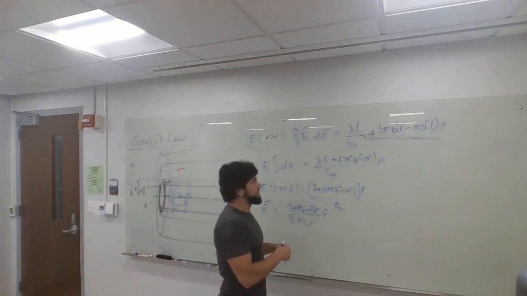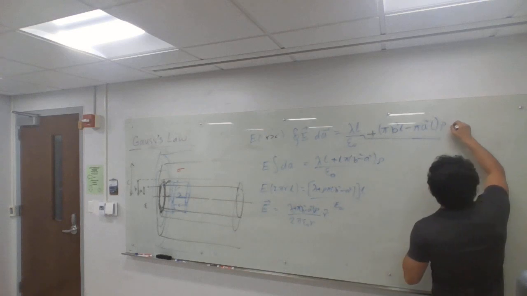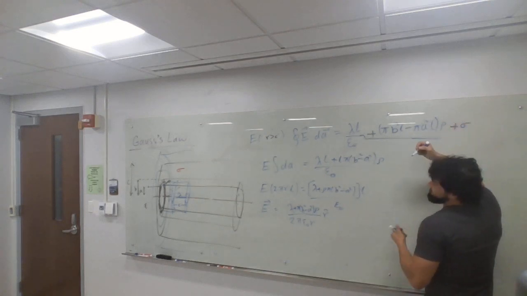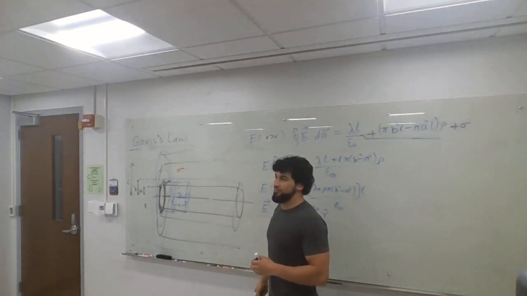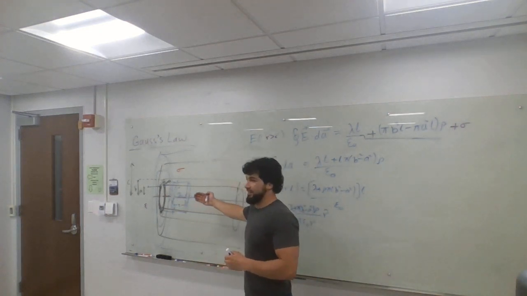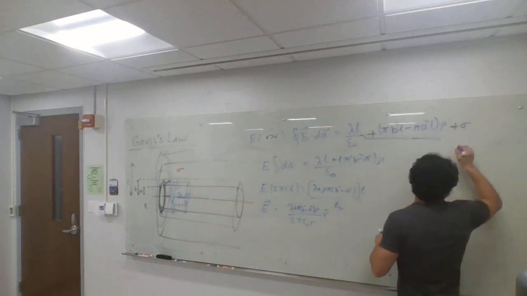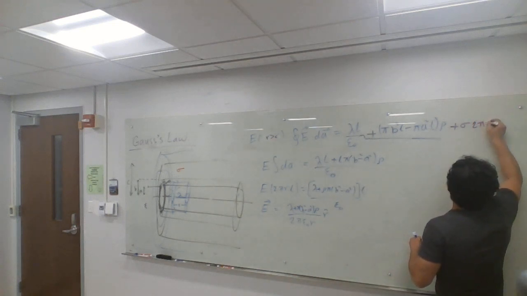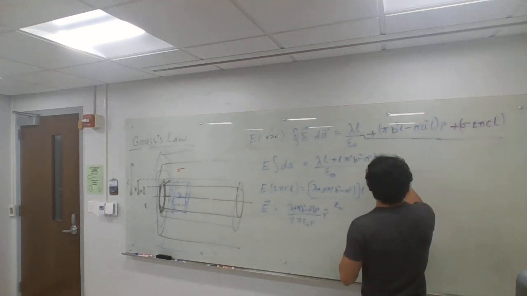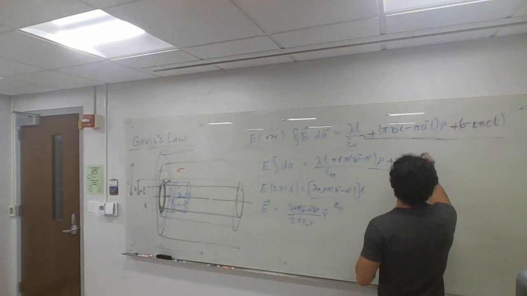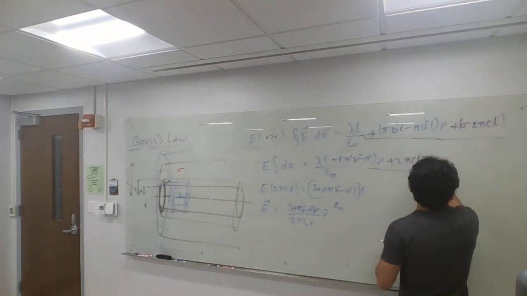So it's just sigma multiplied by the area of the shell, which is 2 pi CL. That's the area, 2 pi CL. And here the same thing, 2 pi CL by sigma, of course.